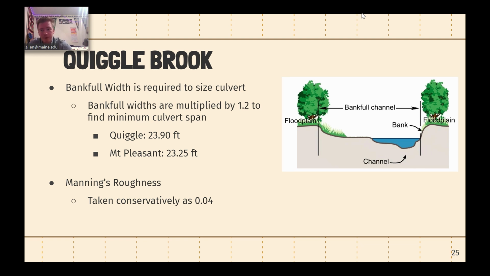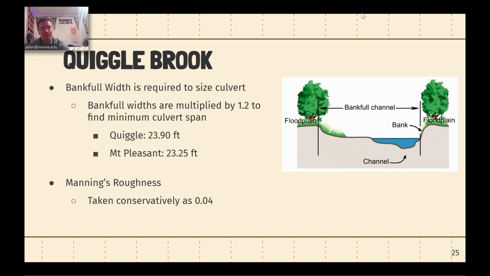Points for the bankfull width were taken from the edge of the stream. The goal was to find points where the ground transitioned from the dirt and mud of the stream to grass, suggesting the height that water often reached in the past. StreamSmart provides guidelines for the bankfull width and the width of the culvert you need to design.